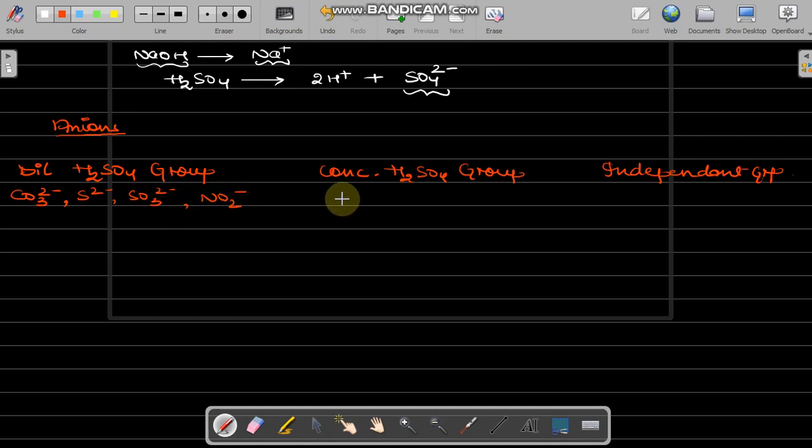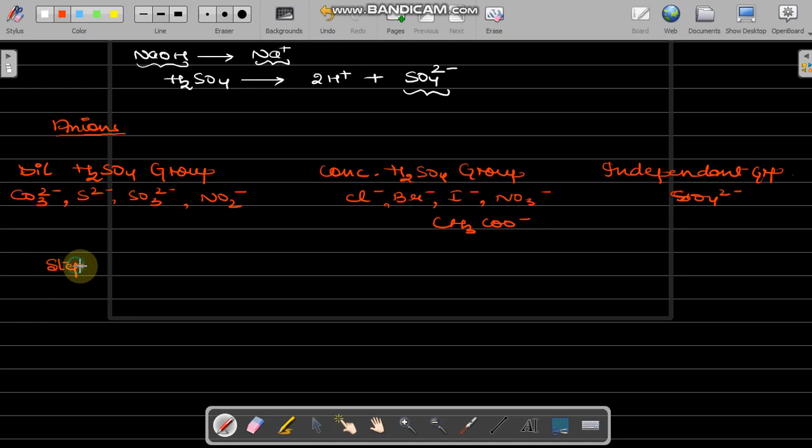Concentrated H2SO4 group contains Cl-, Br-, I-, and acetate. Independent group, your sulfate ion.